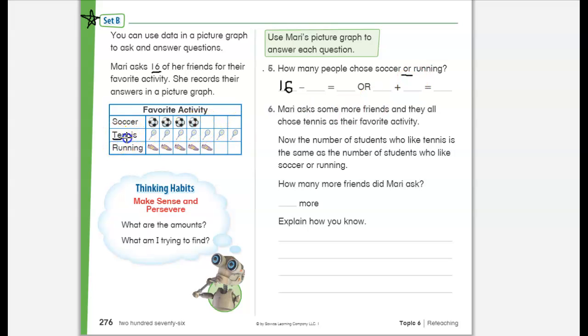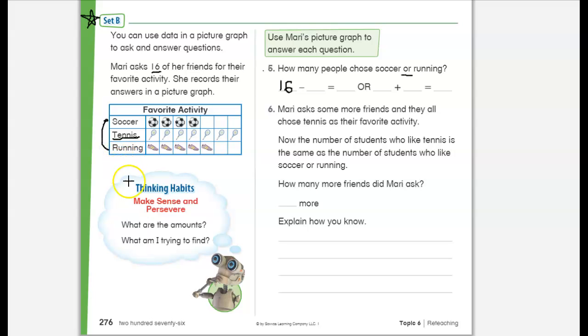The people who voted for tennis will not need to be included in our data. So we are going to take the total number of students who voted and subtract the students who voted for tennis so that our answer only includes soccer and running.